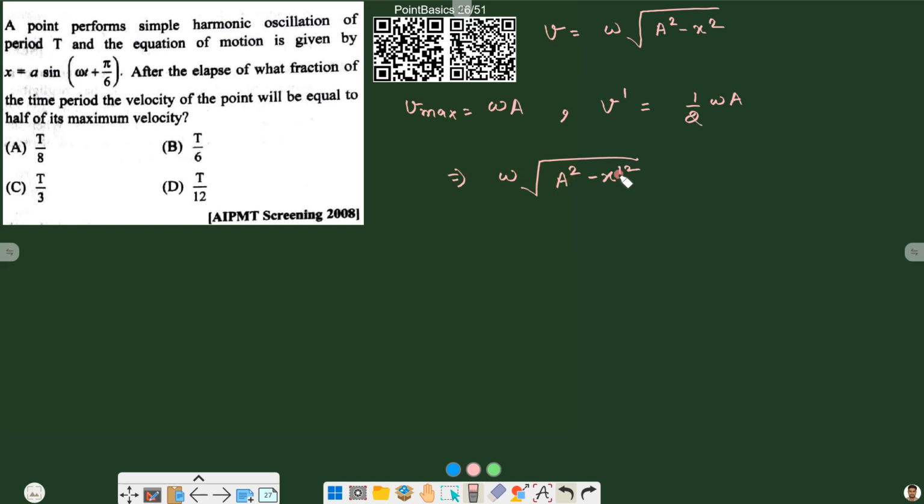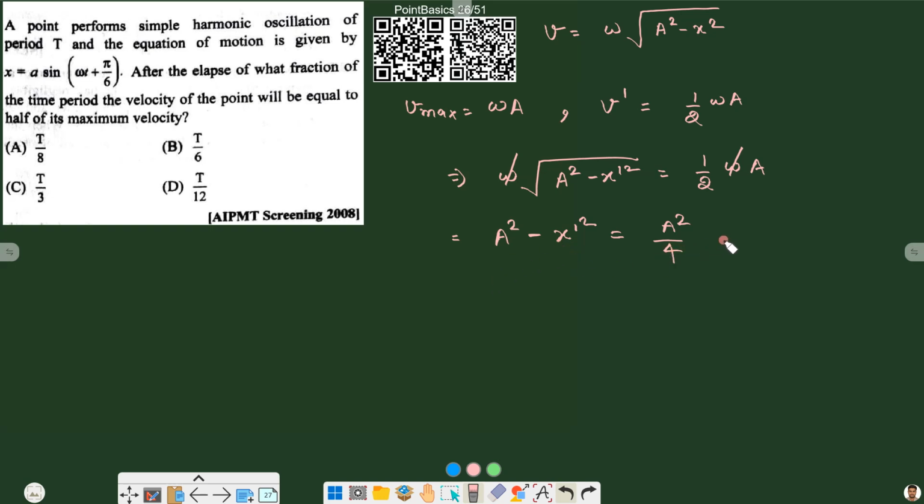Using this we will find out the value of x dash. So half omega a, cancelling omega from both sides and squaring both sides, we will get a square minus x dash square is equal to a square by 4.